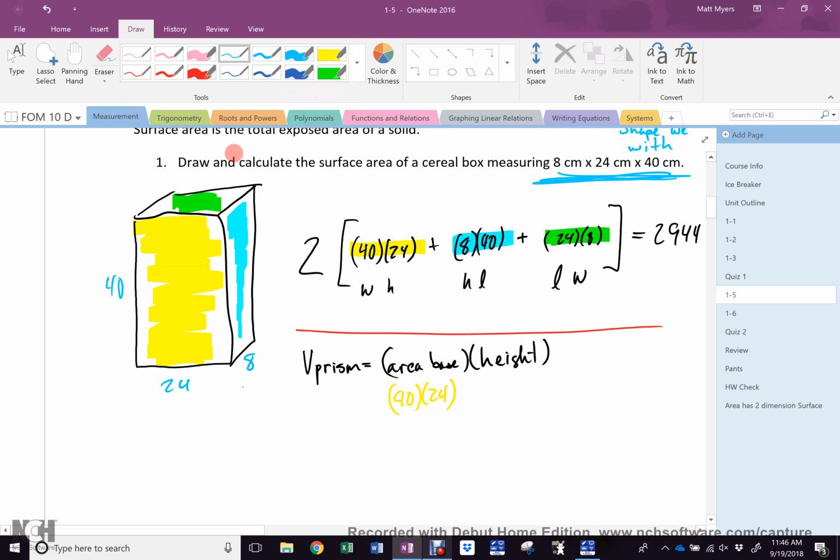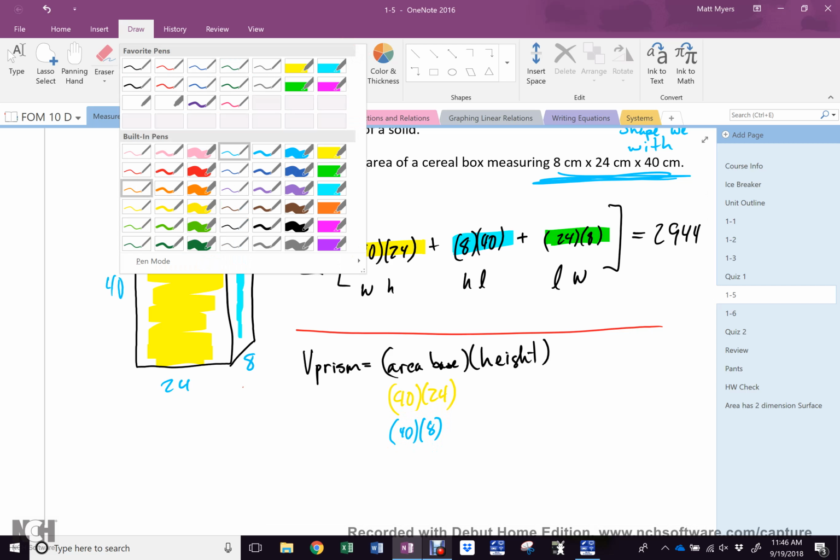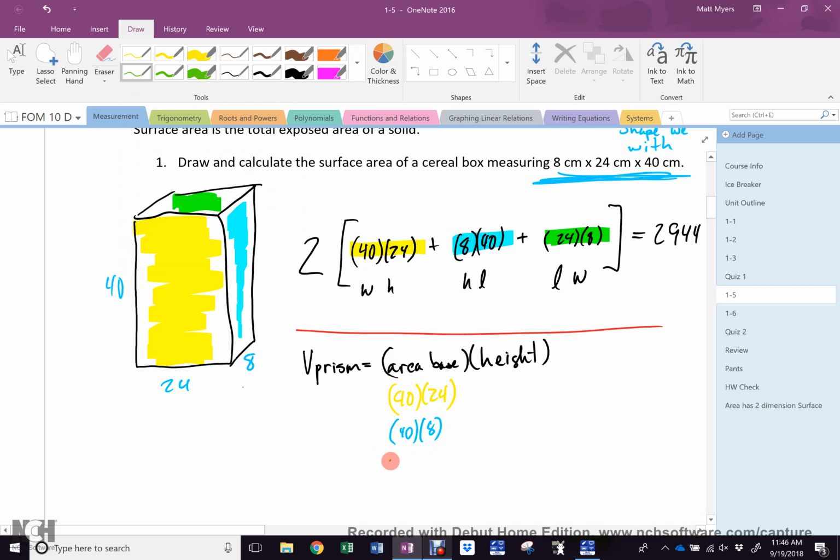What would the base be? 40 times 8. What if you used the green? 24 times 8. Is there any other possibility? No. So every single one of you who attempted this problem has one of these three written for area of the base, yes? Excellent.